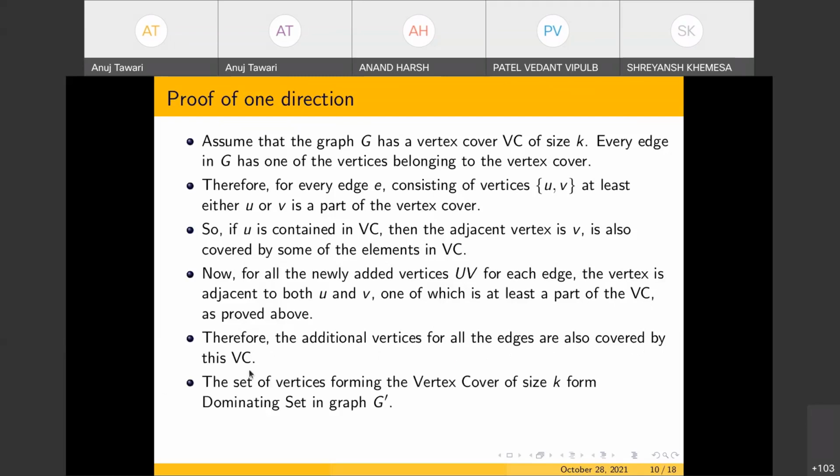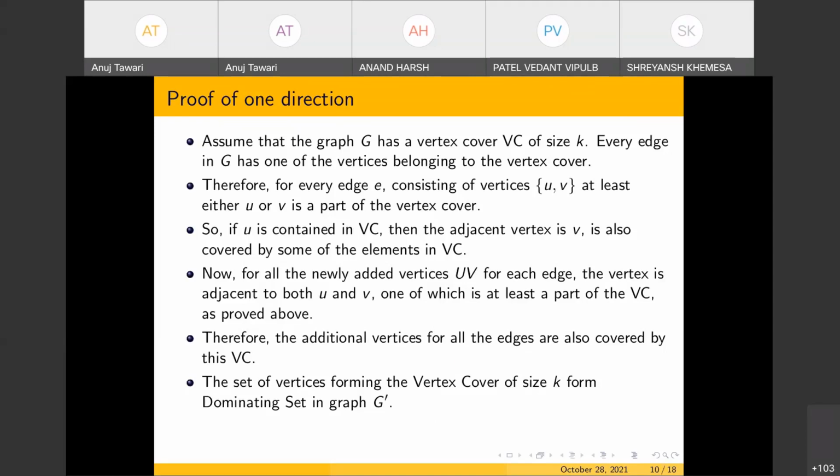And hence the set of vertices which form the vertex cover of size k will also form a dominating set in the new graph G prime. So this is a very straightforward proof. Every vertex cover of size k will also be a dominating set in our graph.